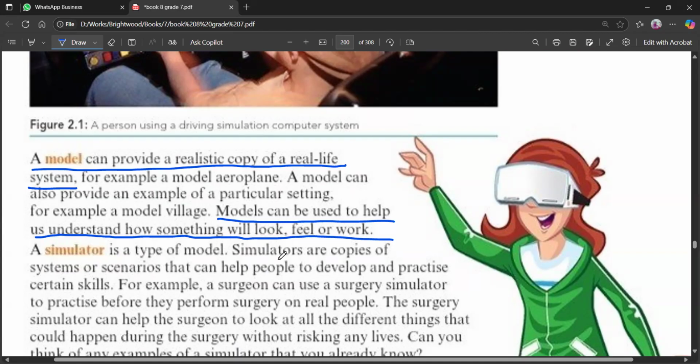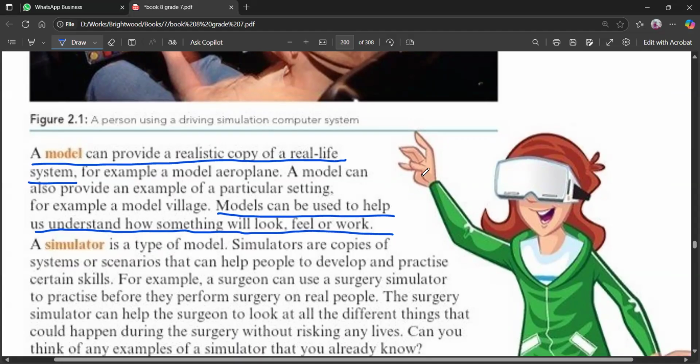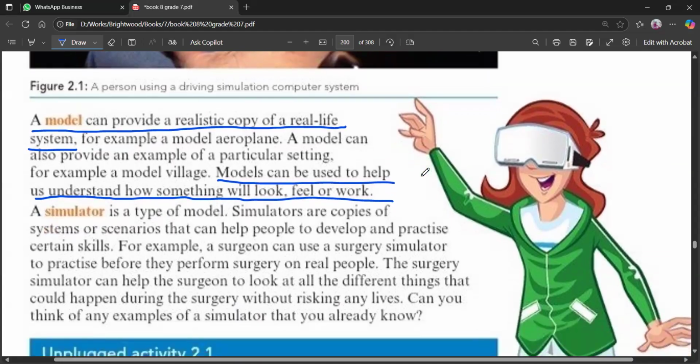Shall I write? Okay, that's the main thing: a model can provide a realistic copy of a real-life system.